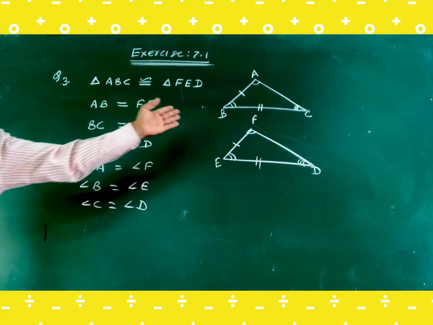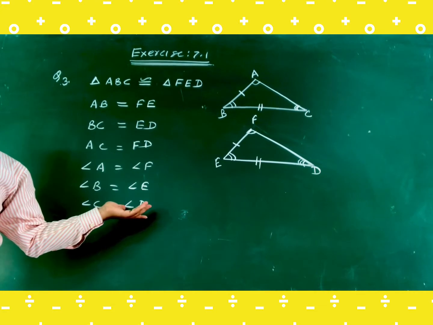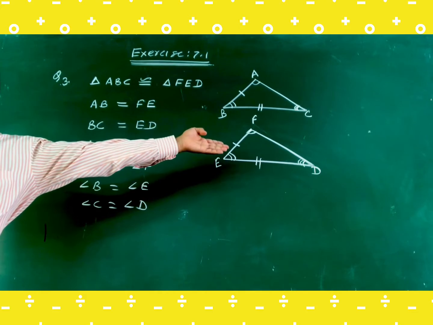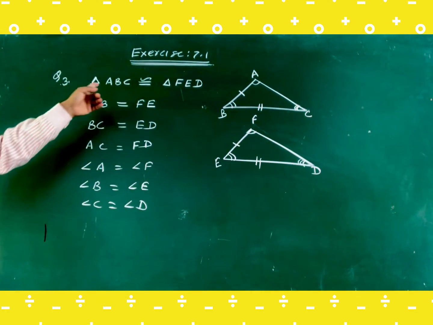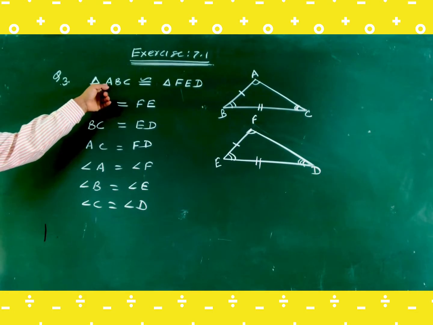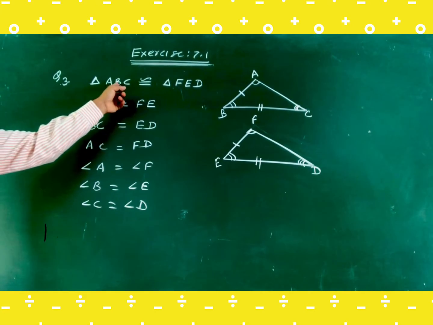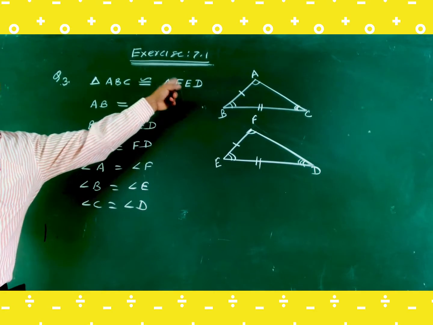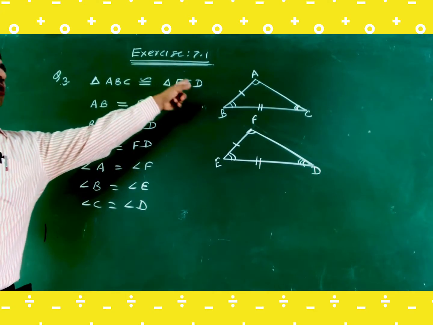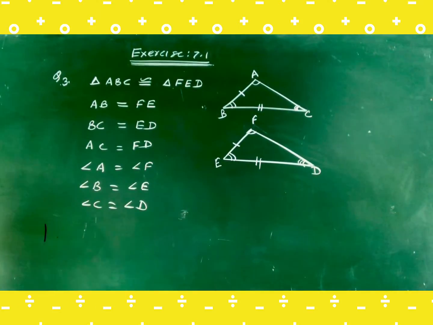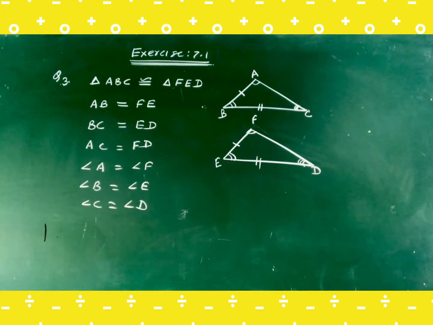So these are corresponding angles, always equal. You can observe the diagram and state the corresponding angles, but without observing the diagram you can easily say that angle A equals angle F, angle B equals angle E, and angle C equals angle D. So all these corresponding parts of the two triangles are always equal if the two triangles are congruent.